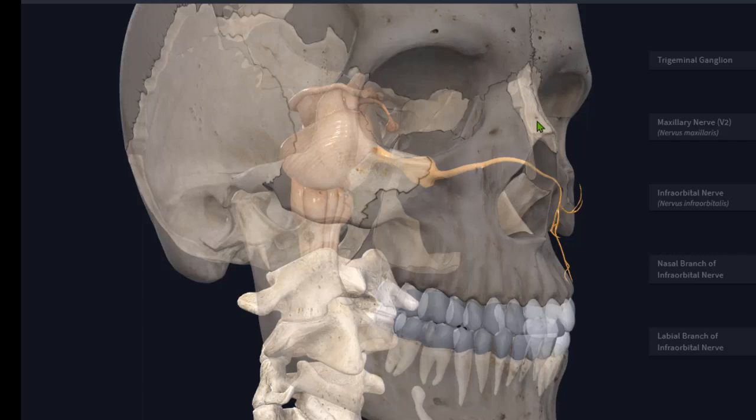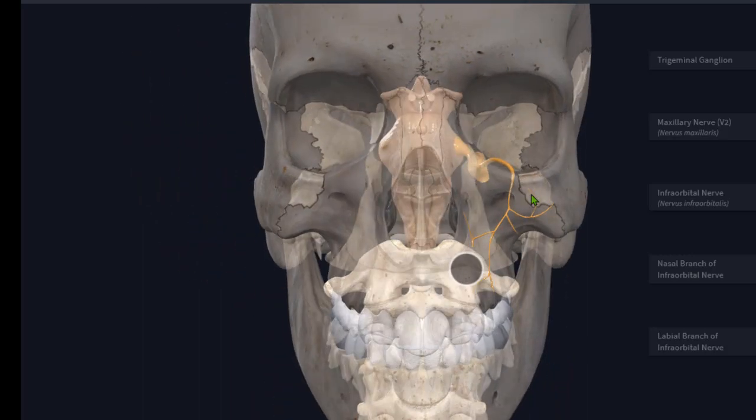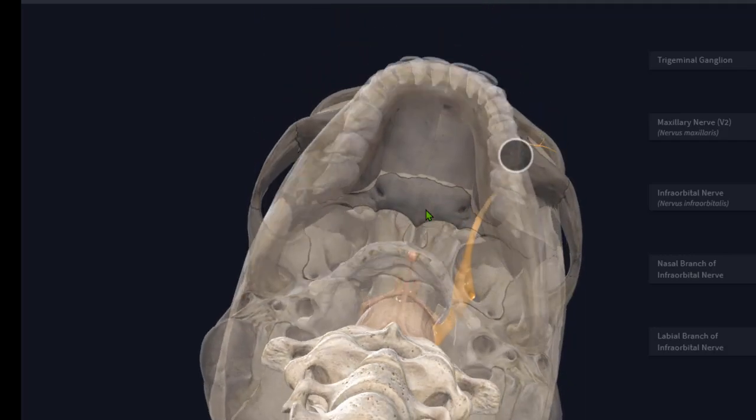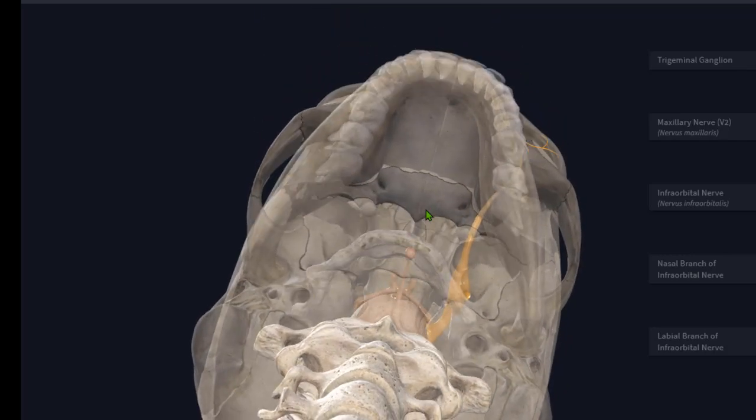Okay, so the nasal bone, and here you will find the zygomatic bone and the lacrimal bone over here. Okay, so the lacrimal bone and the inferior nasal concha, the vomer that will be over here, that you can see at this point. Here you will find the vomer, and inferiorly, at this point, you will find the palatine bone.